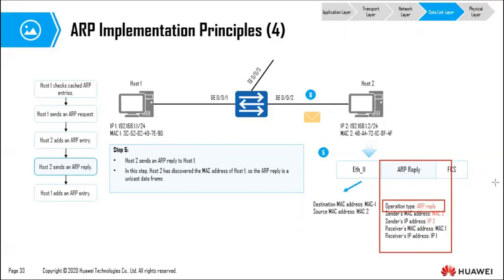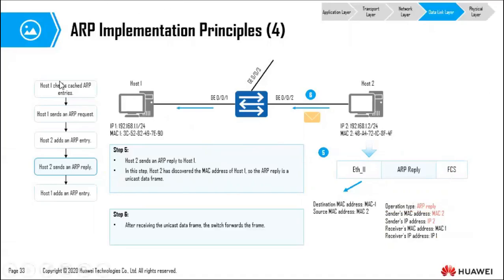The value is ARP reply. Now remember, we are sending this packet to this guy. So it's a reply. Look at the source MAC address, source IP address, receiver MAC address, and receiver IP address. So it's going to be a unicast.